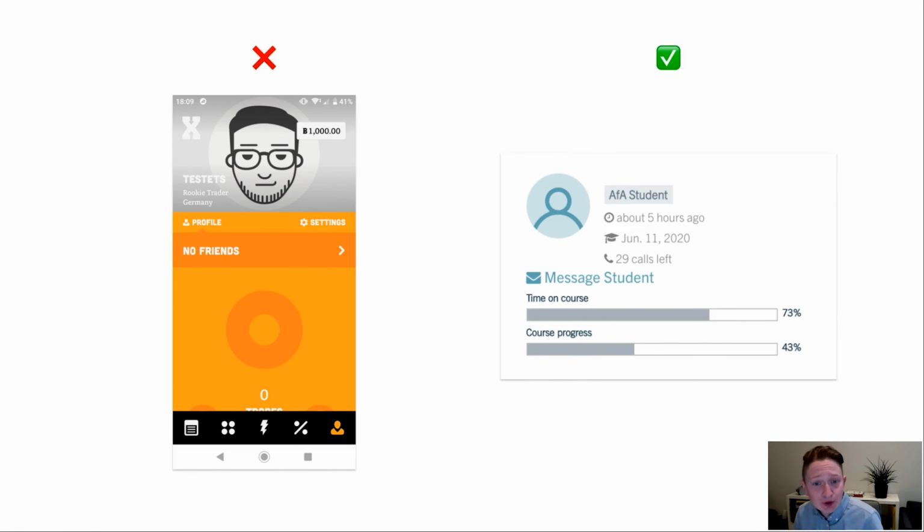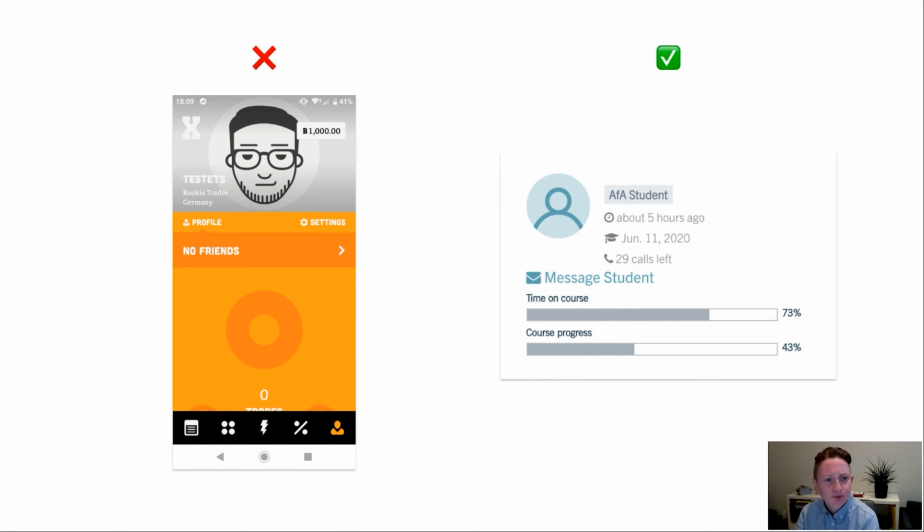Just one more example, still of this strategy of abstracting. Here we have two examples, one good and one not so good, of profile or placeholder images for user profiles.